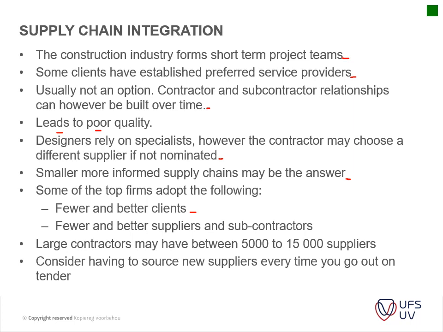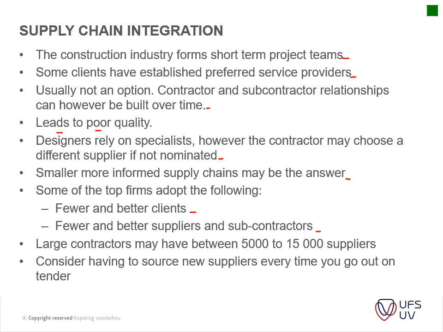So they build up a relationship like that with their clients. Fewer and better suppliers and subcontractors, the same thing: you do not necessarily use the same plumbers every time. You might use only 3 or 4 plumbers depending on how busy they are. Also a matter of building a relationship.